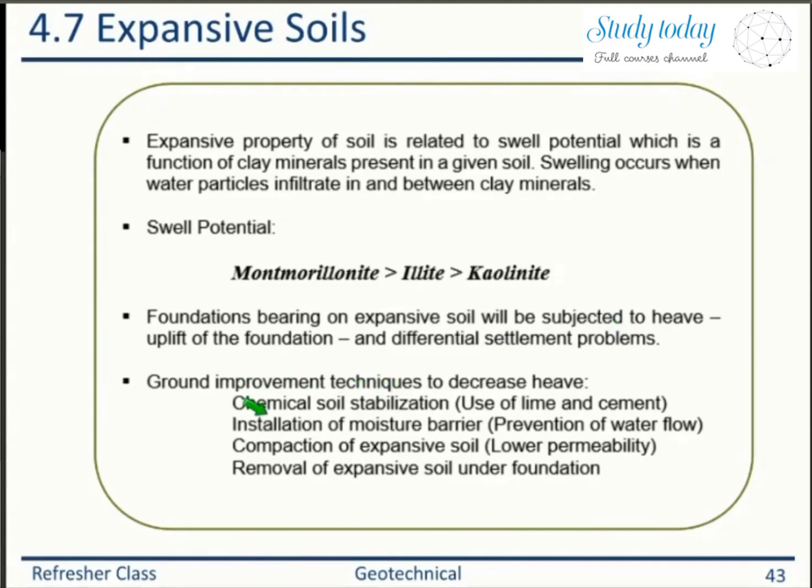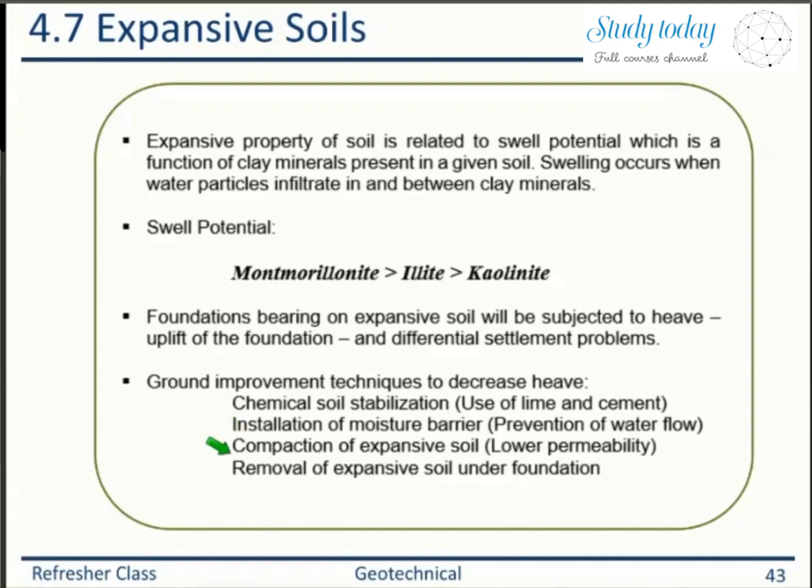Okay, you could improve the ground by using chemical adhesives. You could add these, such as lime, cement, gypsum, all these things to the soil to stabilize the soil so that the soil does not swell when it comes in contact with the water. Or you could install or construct a moisture barrier so that water cannot penetrate to the clay which has clay minerals.